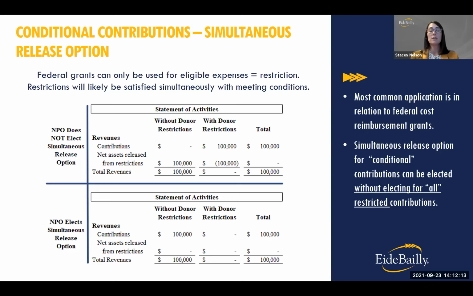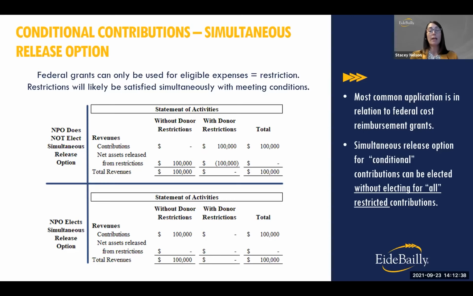The second half of the slide portrays a nonprofit that is electing the simultaneous release option. Under this situation, they would be permitted to report that contribution revenue directly in the net assets without donor restrictions.